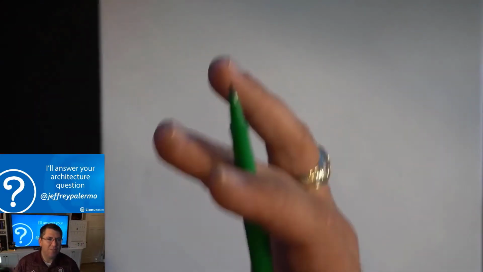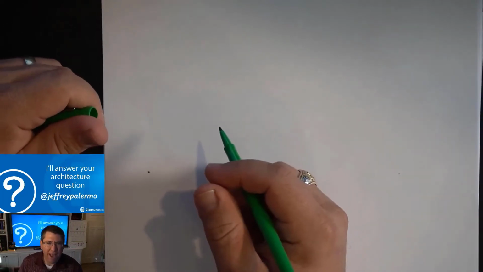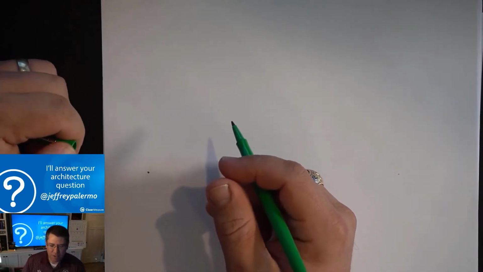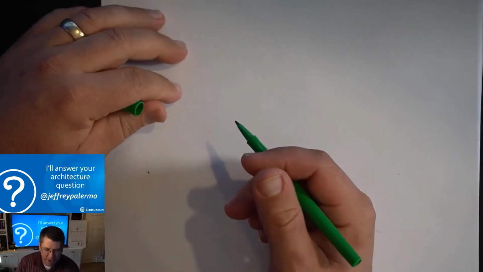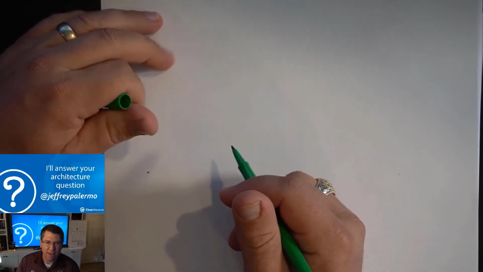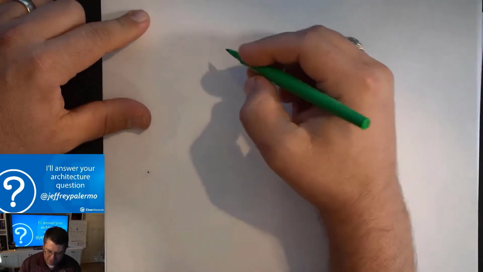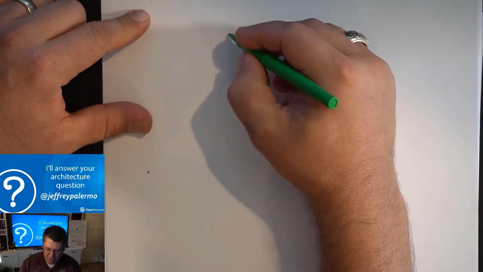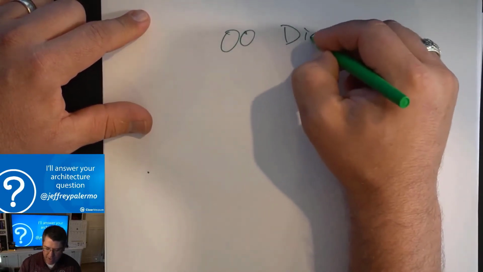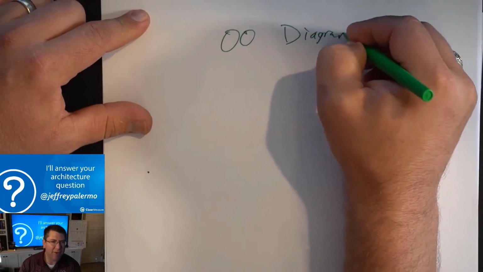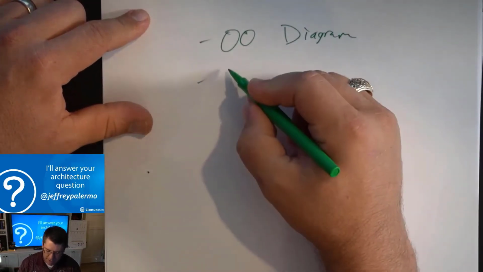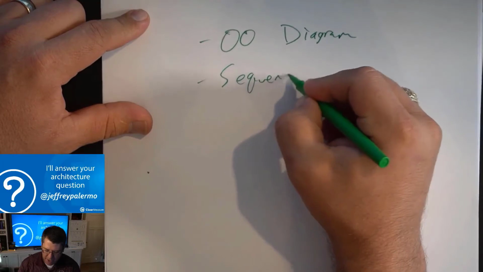So let's pretend that we are starting a work order application. We're going to build a work order application. And so we need some diagrams that are going to communicate it. And bread and butter diagrams is going to be your OO diagram. You could also think of it as a class diagram. Also, we're going to make ample use of sequence diagrams.